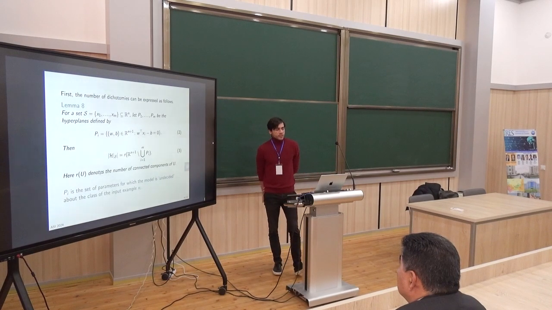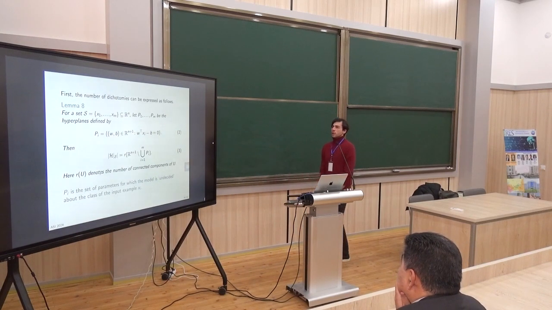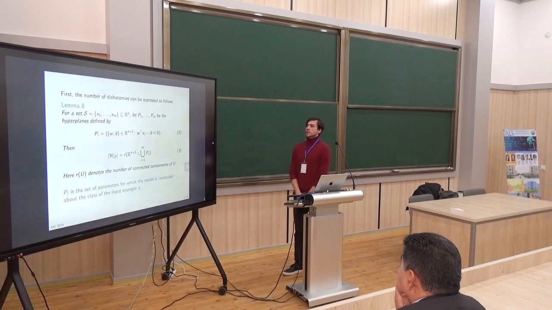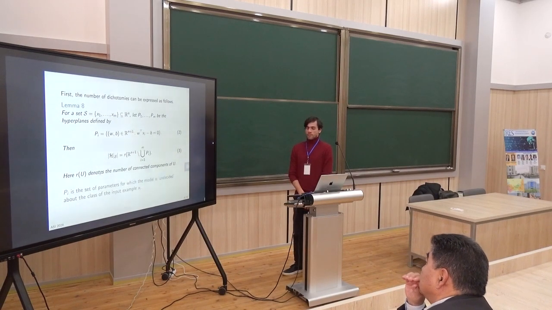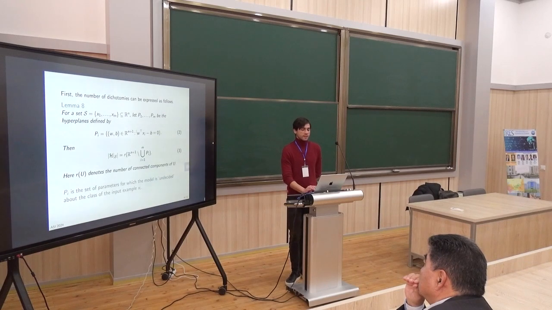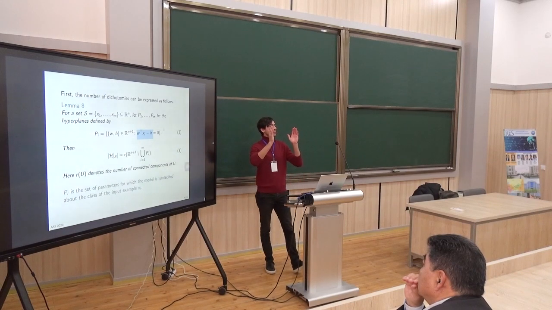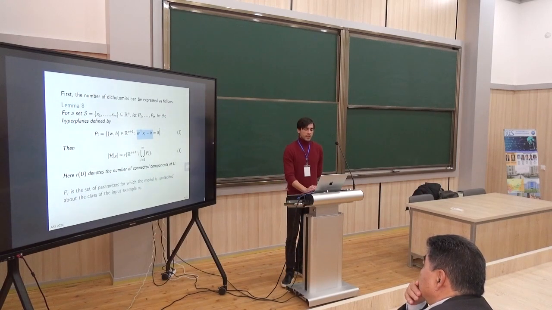Okay, so first, this is the observation. The number of dichotomies can be expressed as follows. So for a set of input points, x1 to xm, we let p1 to pm be hyperplanes, and they're going to be defined like this. So we're going to take this affine function, so wx minus b. This is the affine function that we compute in the simple perceptron, and we equate this to 0. And this is going to be for the input data point xi, and the set of values of W and B, the set of parameters, such that for the input data point xi, this is 0.